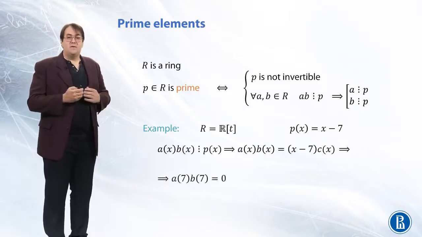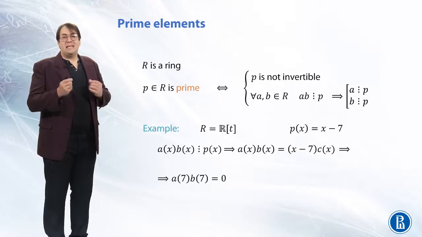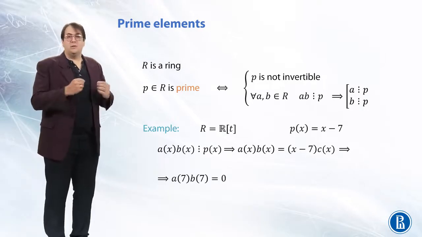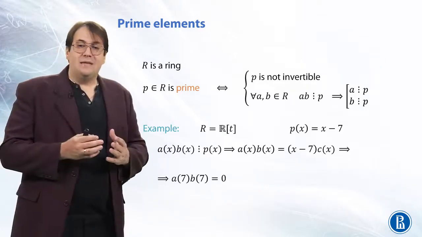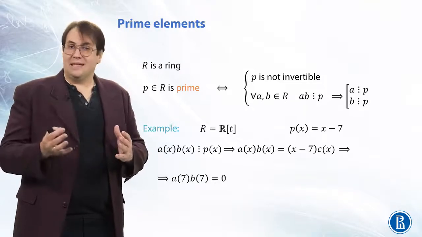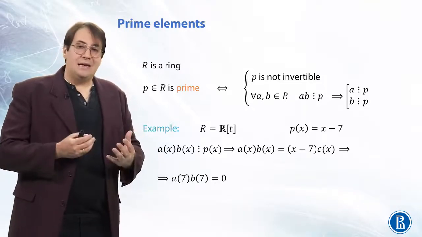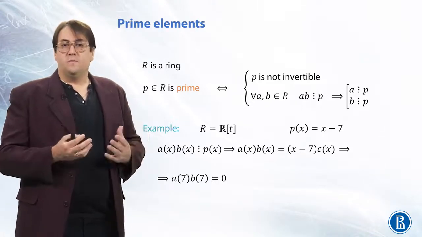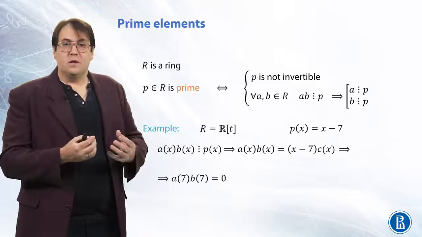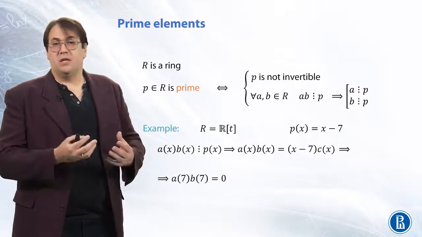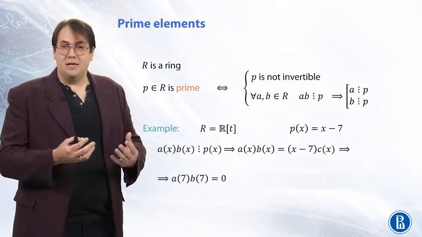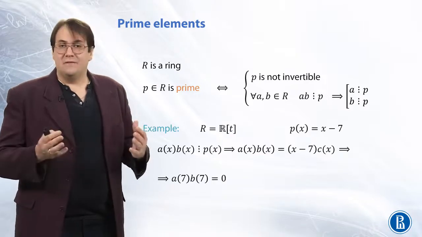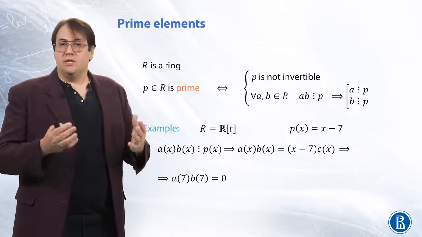From this, it follows that if we substitute x equal to 7, we gain 0 on the right-hand side. So the left-hand side must also be equal to 0. So the product of the values of these polynomials A and B at the point x equal to 7 is equal to 0.